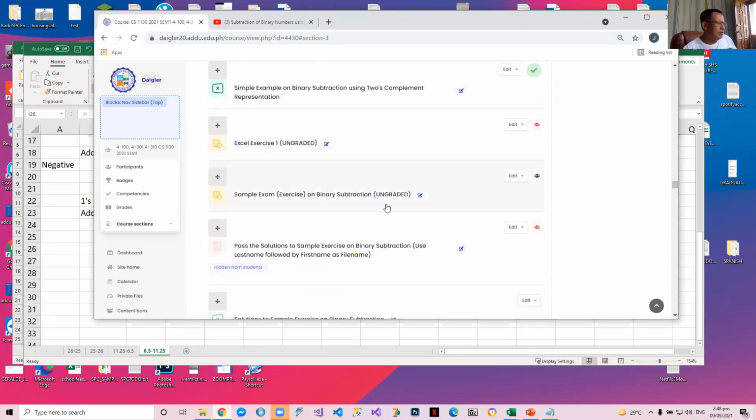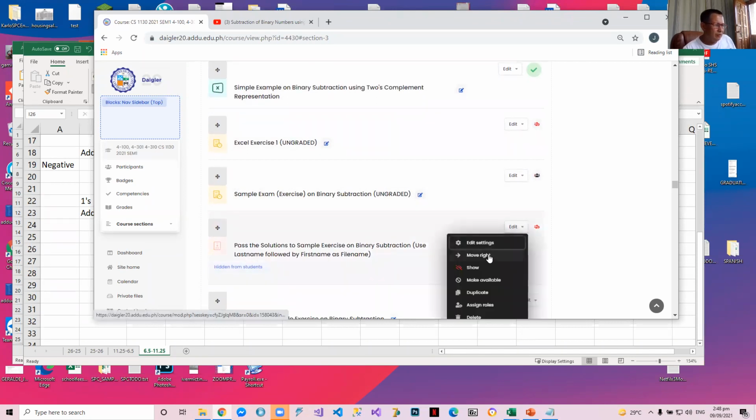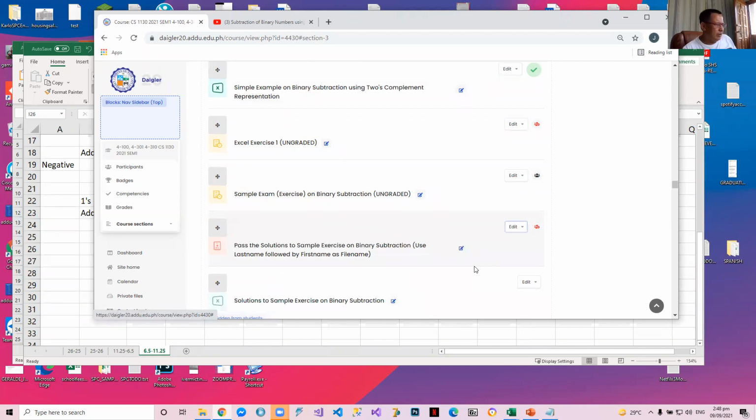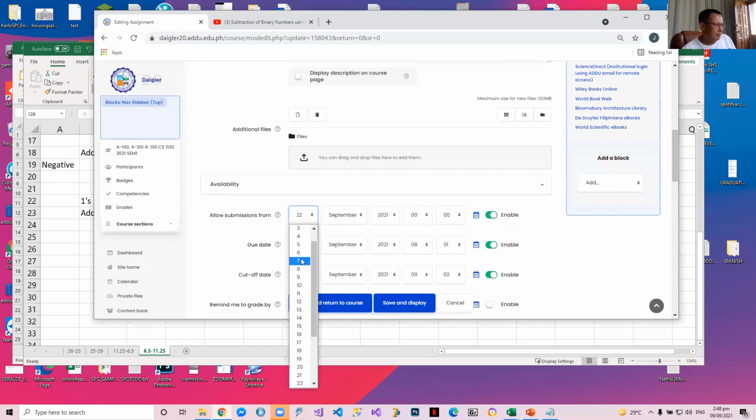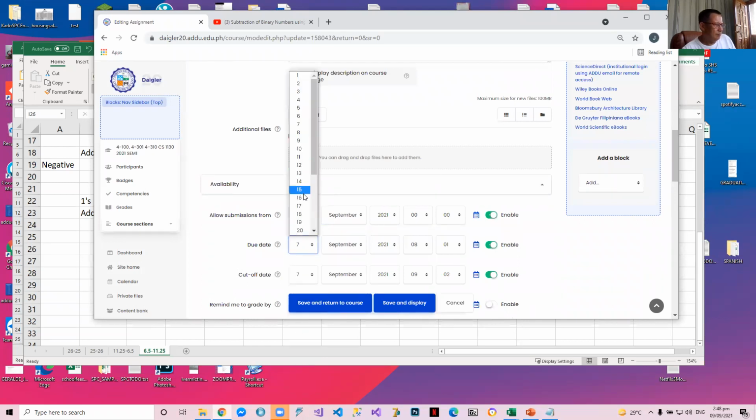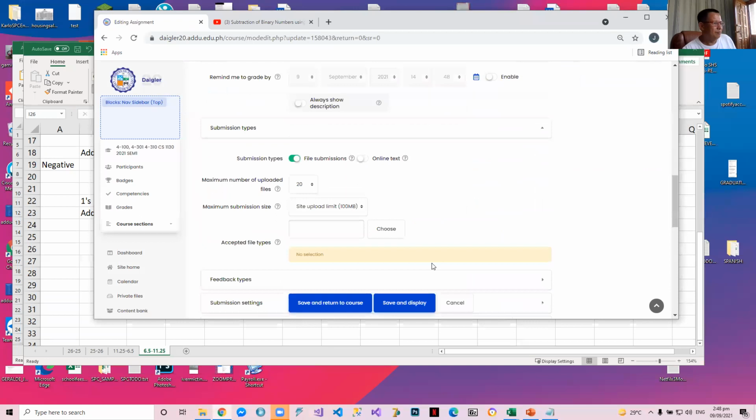Now for the second exercise, you pass your solution in Excel here as an assignment. Any questions so far?